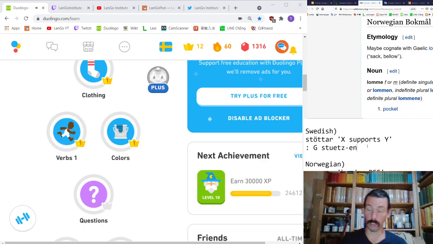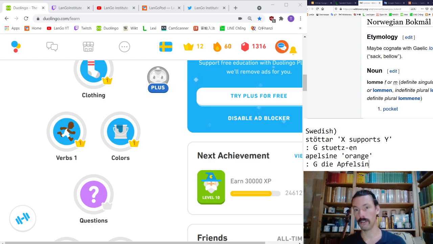So we are in Swedish here. German has a cognate. Apelsine means orange. It looks like it's a derivative of apple, but it doesn't mean apple. It comes from an old compound. I'm just surmising. German has Apfelsine, feminine. It's a compound meaning apple of implied China.